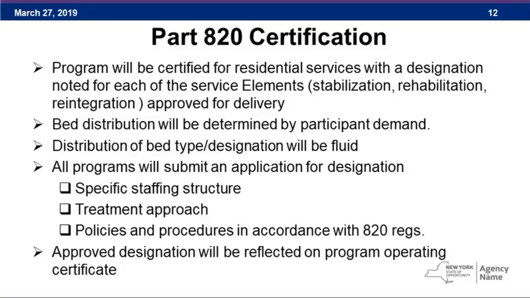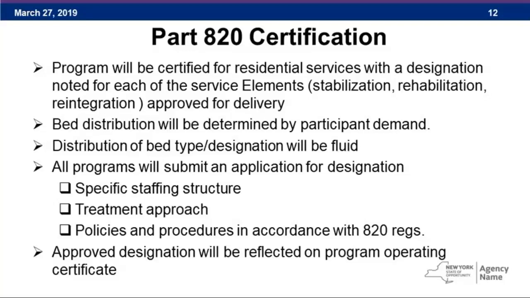Bed distribution will be determined by participant need. So unique to 820 is that you don't have to designate a certain number of beds for stabilization, a certain number of beds for rehabilitation. Our intent is to allow for flexibility, and bed designation will be fluid based on participant demand, right?